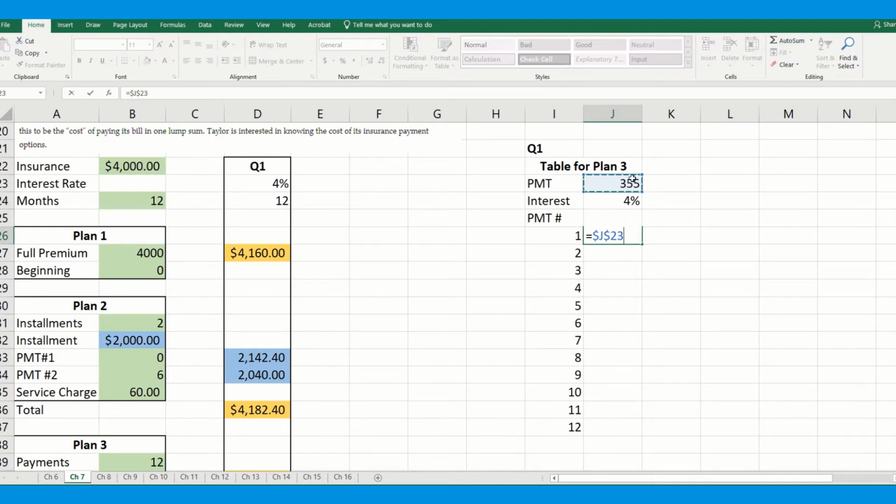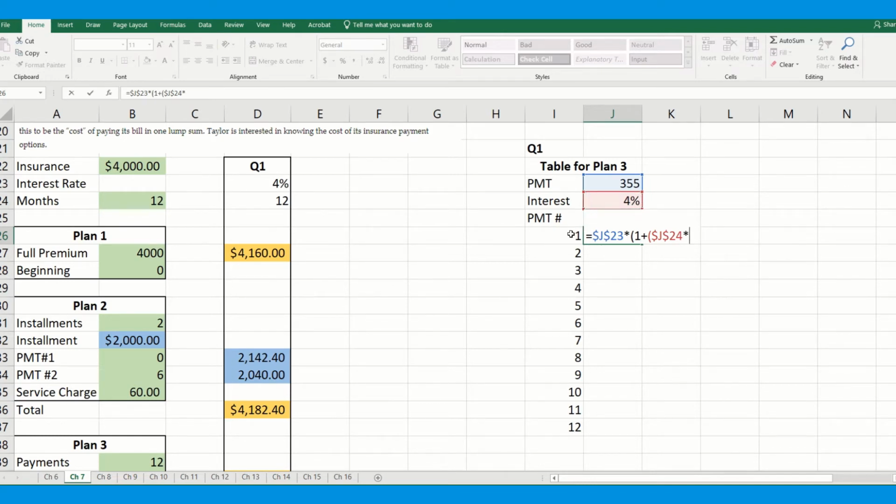So it's going to be absolute cell reference times, so that's my principal, times bracket 1 plus bracket my interest rate. So I'll click on my interest rate, and I also have my interest rate right there, and I'm going to F4 that so it stays right there. So when I fill down, it will just fill in the answers. And then it will stay right in that cell there.